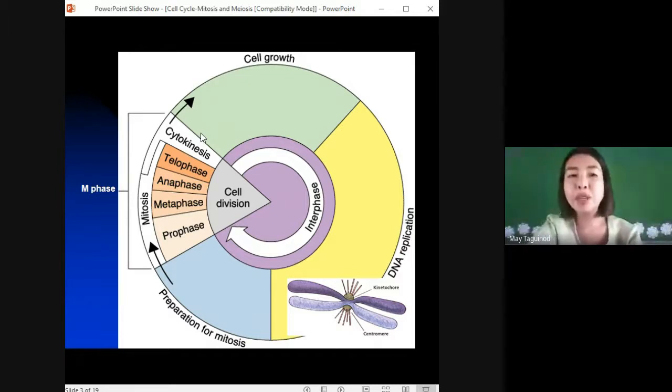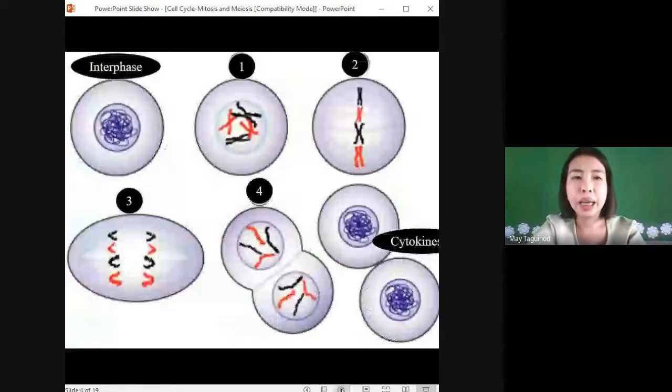The steps of mitosis ensure that each new cell has the same number of chromosomes as the original. Okay, let's proceed to the mitosis phases.